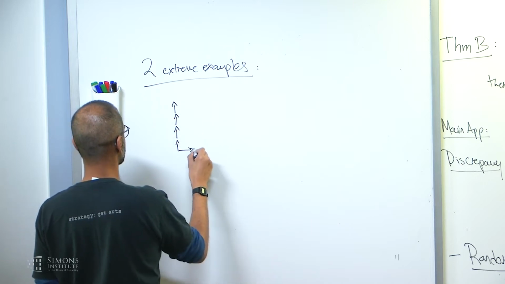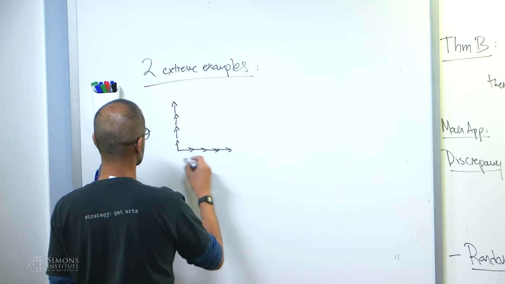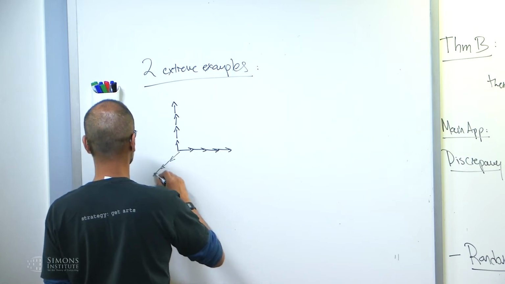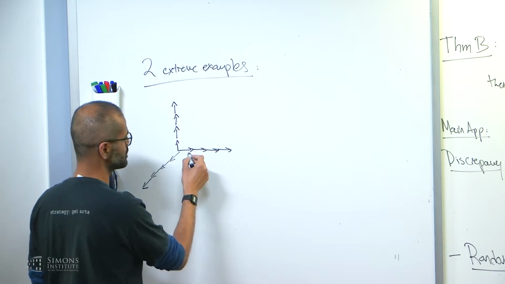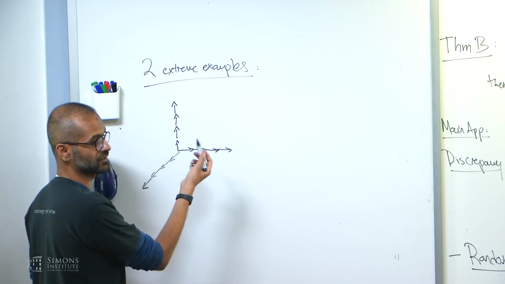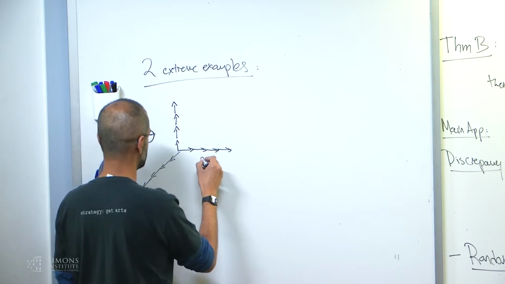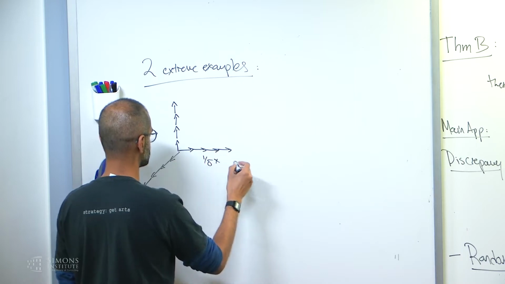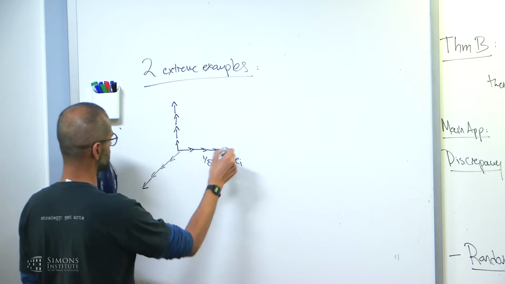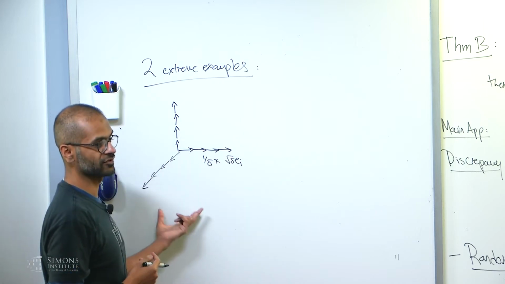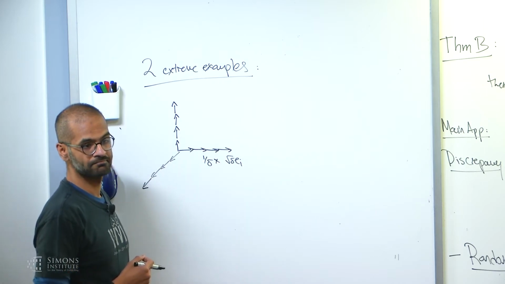I take the standard basis. Those vectors have norm 1, but let's chop them into vectors which have squared norm delta. So let's make 1 over delta copies of square root delta times the standard basis in each direction. This is a particular instance of this discrepancy problem.